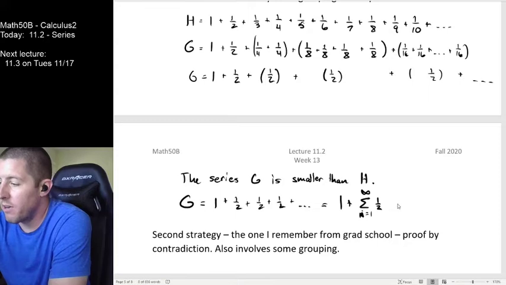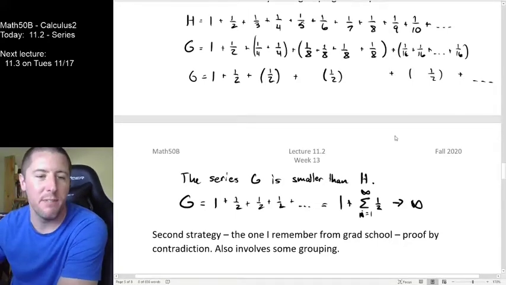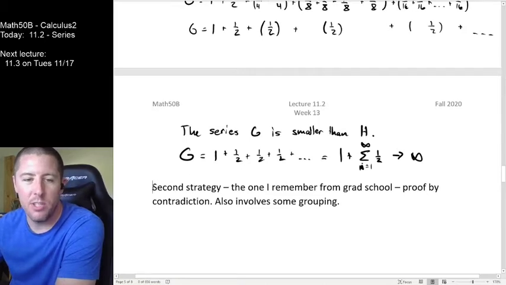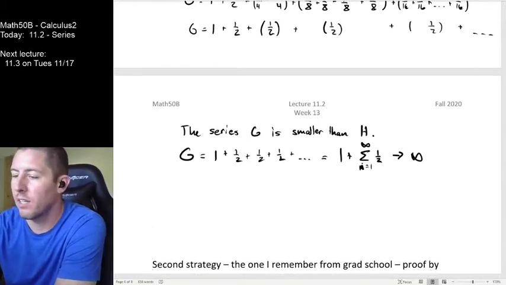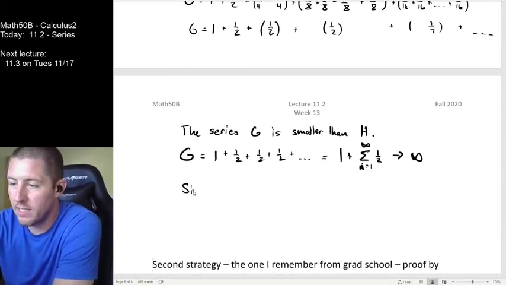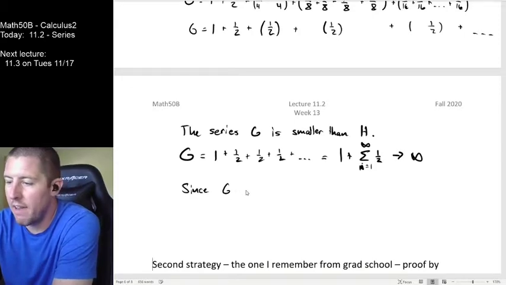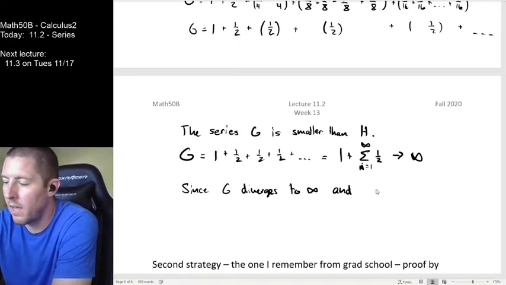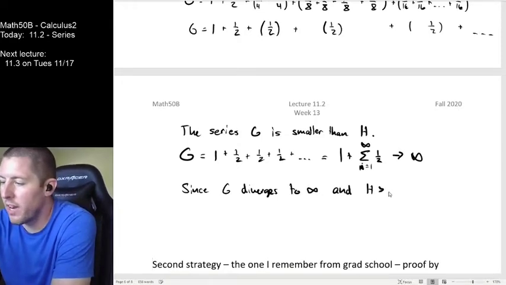This is going to diverge to infinity, clearly, since we're just literally adding the number 1/2 an infinite number of times. And so finally, I think that we can conclude: since G diverges to infinity, and H is greater than G, H must also diverge.